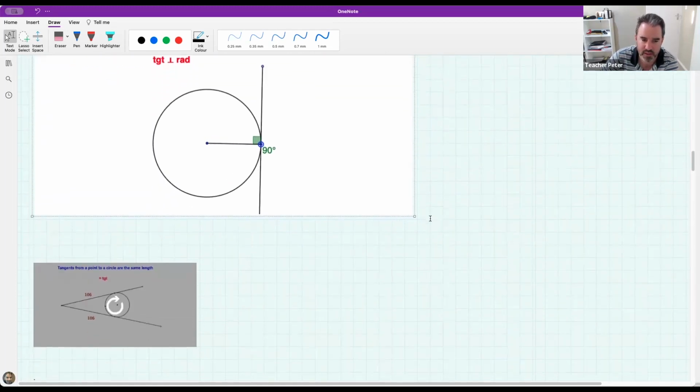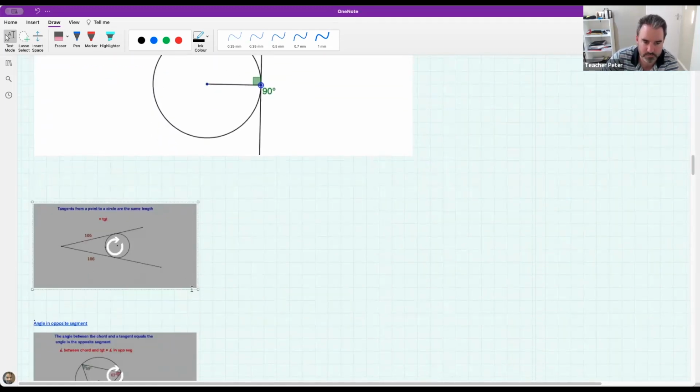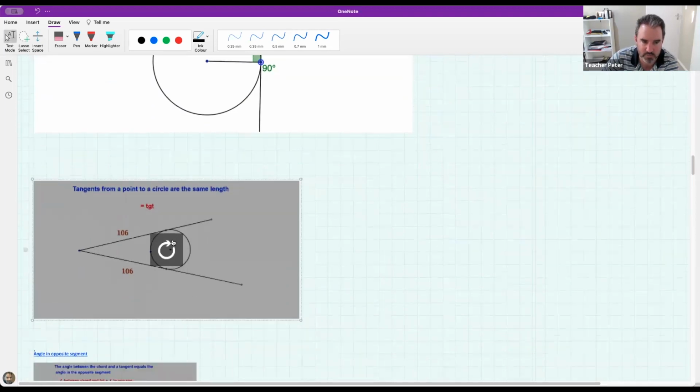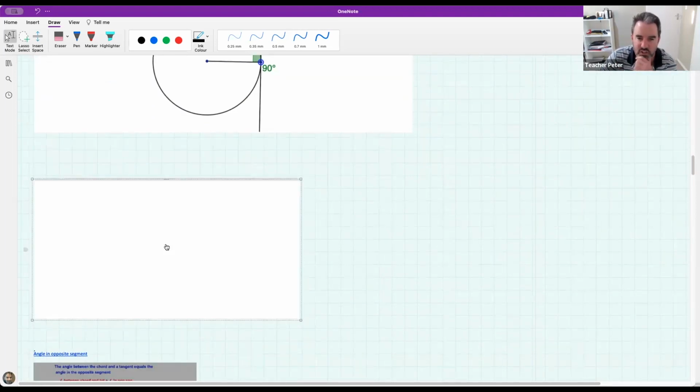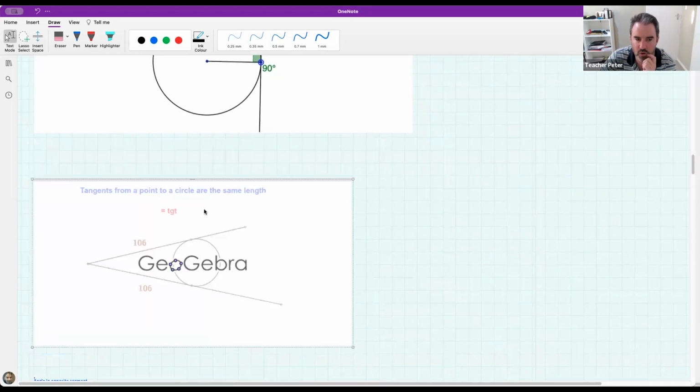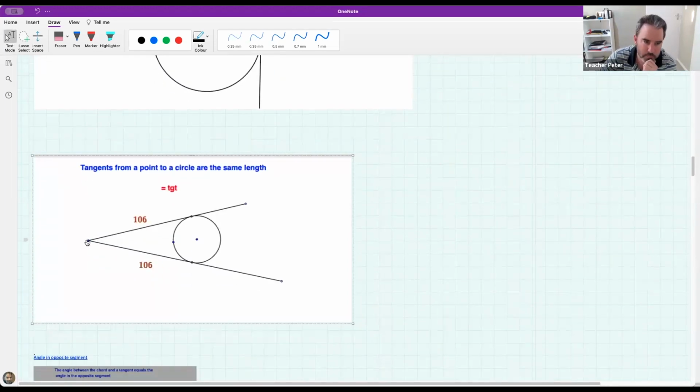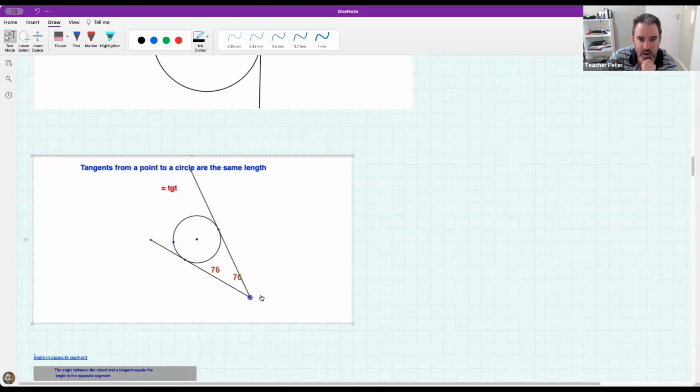Then the other one that I mentioned earlier in the lesson, which is tangents from a common point. So we have this common point out here. Now watch this. Look at how I move the common point around. What do you notice about the distance between the common point and the point of tangency?